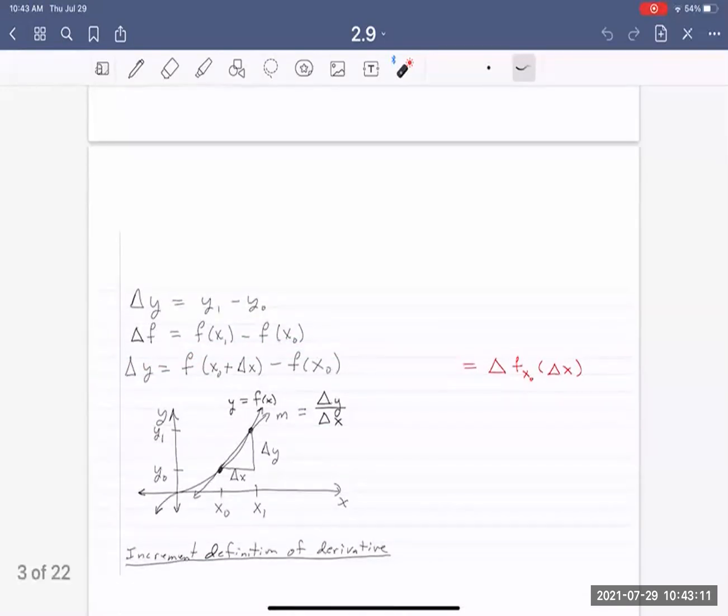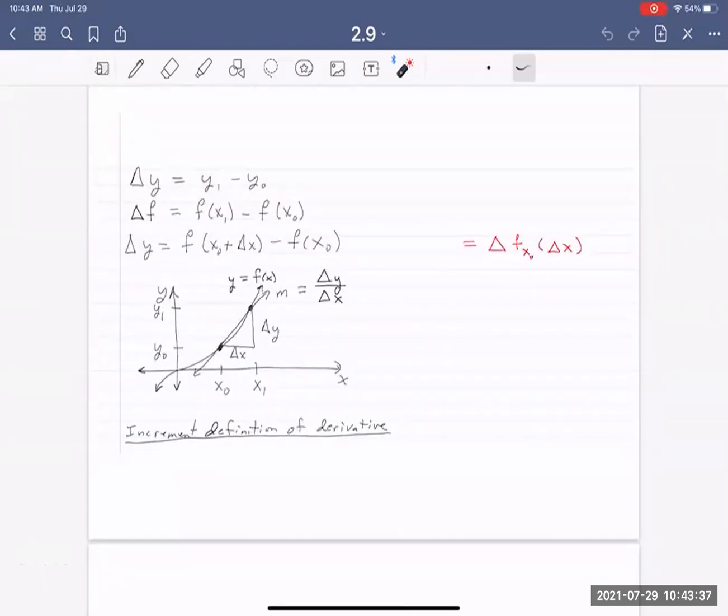And so delta y is equal to f at x sub 0 plus delta x minus f at x sub 0. It is, in our previous notation, delta f sub x sub 0 at delta x.